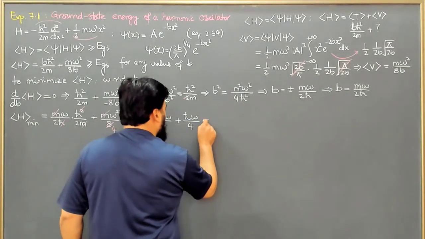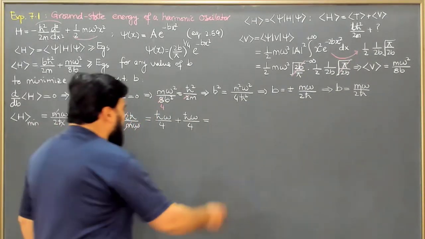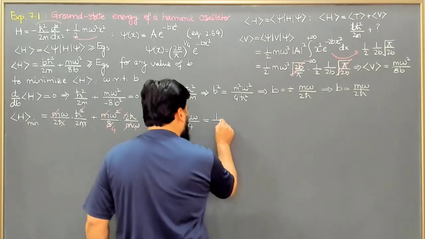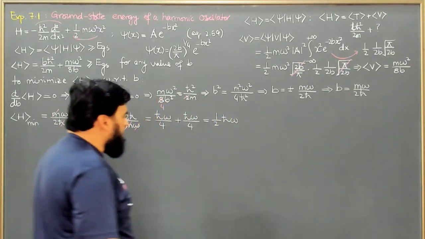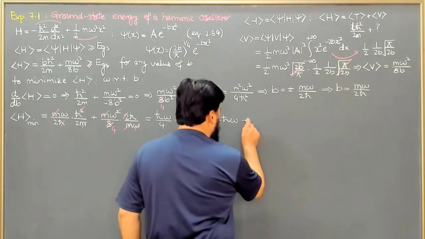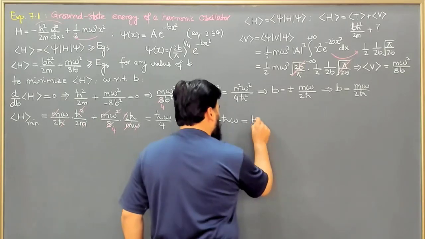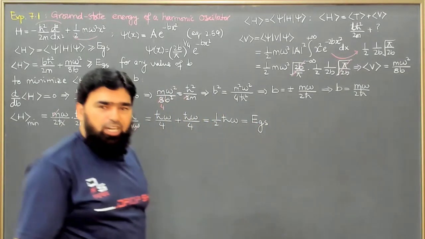So 1 over 4 plus 1 over 4 will come out to be 1 over 2, so 1 over 2 ħ ω, and this is exactly the ground state energy of the harmonic oscillator.